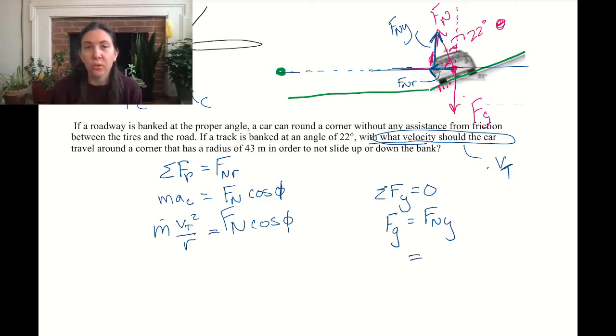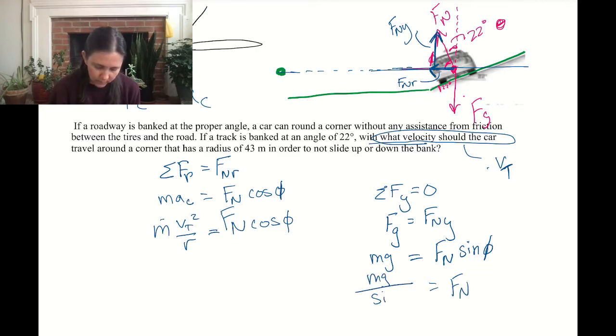I can then use my trig functions to say that the normal force in the y direction is just F_n sine phi, since phi is my angle. So mg is my force of gravity, and my normal force is mg over the sine of phi.